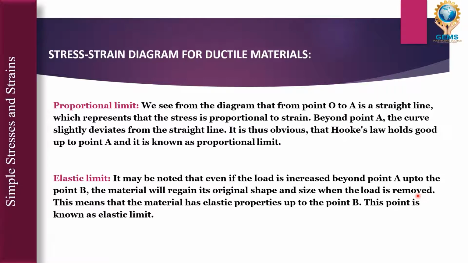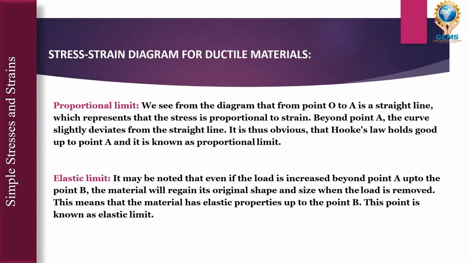That is called elasticity. Same thing is happening here. Elastic limit means when we are applying loads from A to point B, the material will regain its original shape and size when the load is removed. Understand? This means the material has elastic properties up to point B. This point is known as the elastic limit.